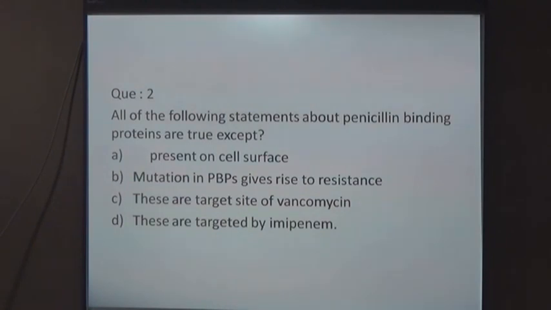What is vancomycin? It is also a beta-lactam antibiotic, and imipenem is a carbapenem. The newer drugs, after penicillin and cephalosporin, are carbapenem and monobactam. These resistant organisms are covered by these drugs, so they are very effective. That means there is no resistance.